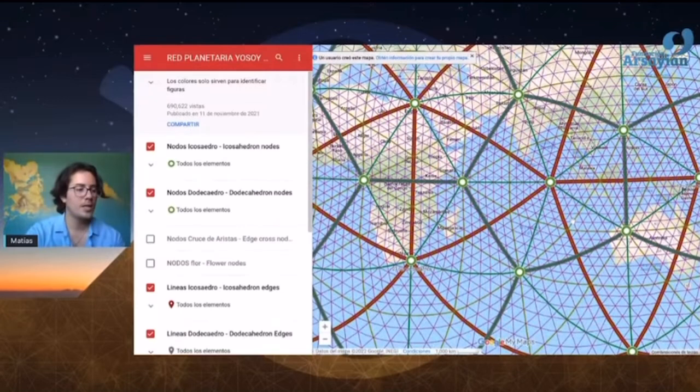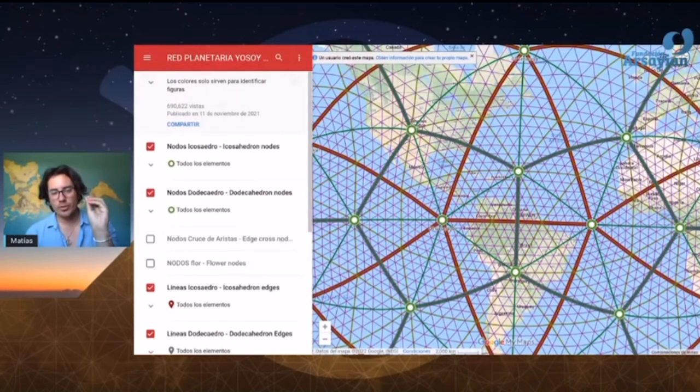That would be the dodecahedron network. So more or less, those are the regions where the nodes are located. Remember that you can access this map at yosoy.red, the blog, where I have been uploading everything.